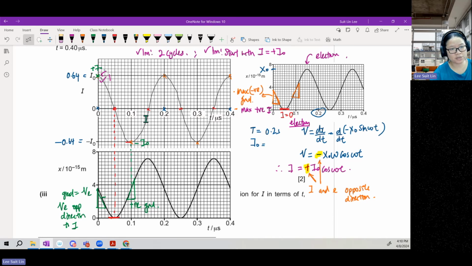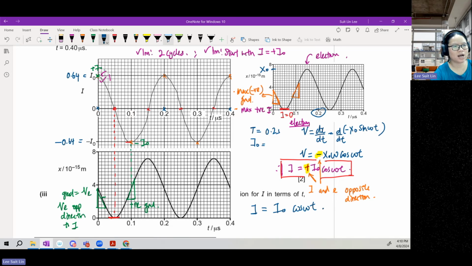Okay, so based on this, can we write the equation of the graph? I already have the general equation here. I is I naught cos omega t. Or I guess you can sketch the graph and look at the graph and see that it is cos. No? I is equal to I naught cos omega t.